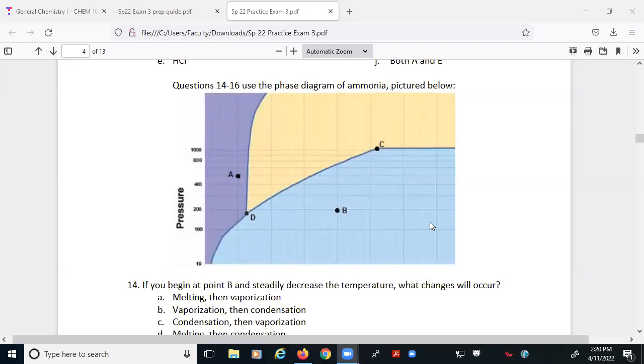And so phase diagrams are basically graphs. On the one axis, you're going to have pressure. On the other axis, you're going to have temperature.